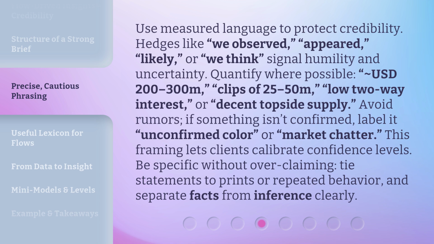Low two-way interest, or decent topside supply. Avoid rumors. If something isn't confirmed, label it unconfirmed color or market chatter. This framing lets clients calibrate confidence levels. Be specific without overclaiming. Tie statements to prints or repeated behavior and separate facts from inference clearly.